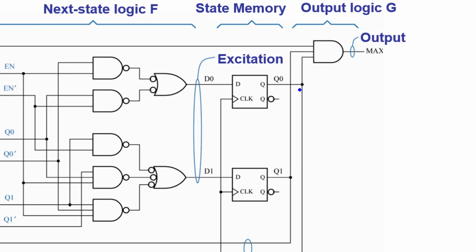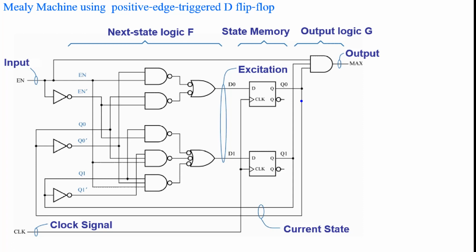So how many states does this circuit have? Yes, it's 4, right? Maybe 00 is the first state, 01 is the second state, 10 is the third state, and 11 is the fourth state. Okay, there are 4 states for this circuit because of 2 state variables.